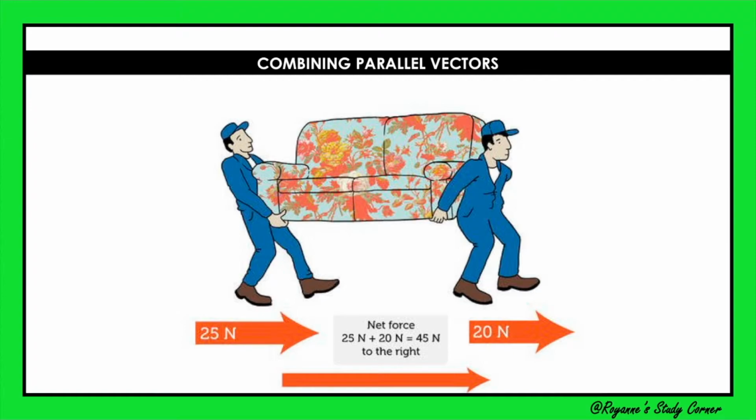Now, what is the net or resultant force that both of them are lifting this couch and moving it with? They are in the same direction, so all we have to do is add them. So that's 25 newtons plus 20 newtons, and we get 45 newtons to the right. Note that we make sure to mention the direction.